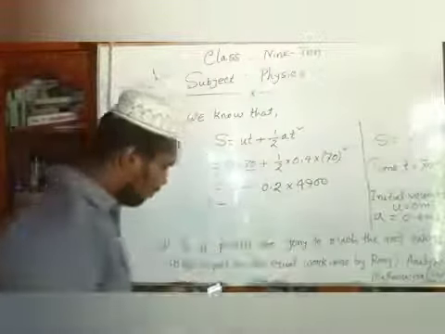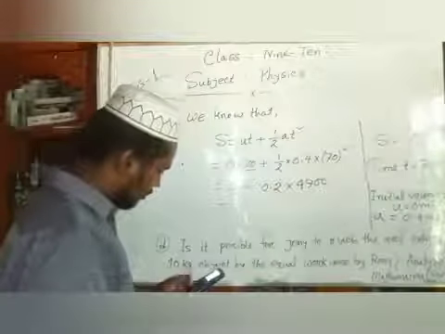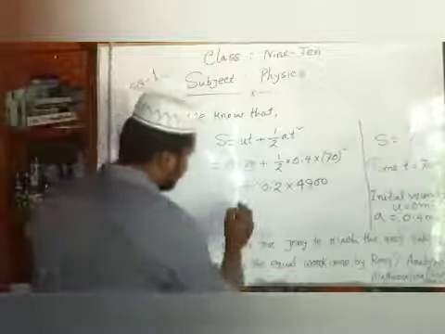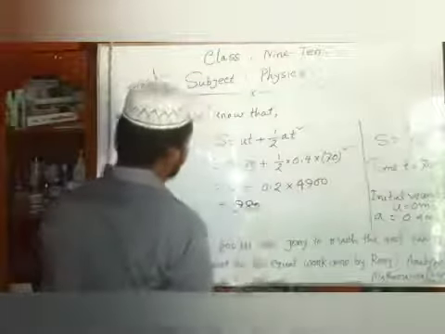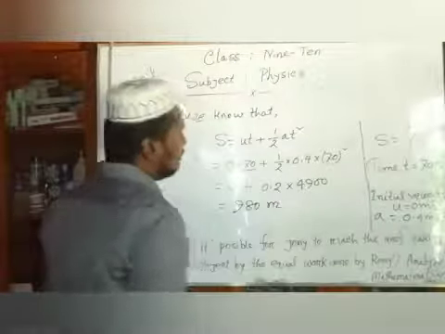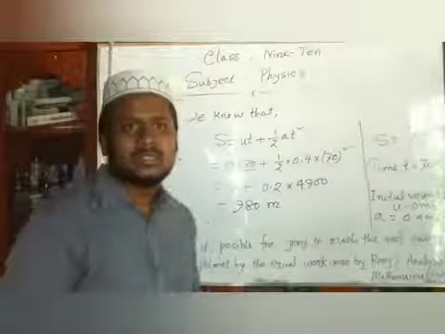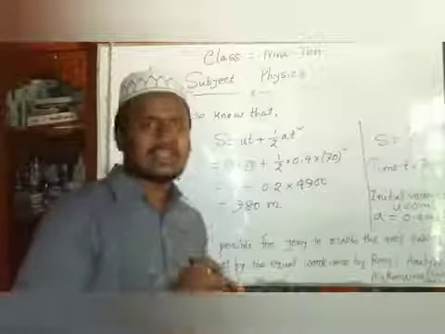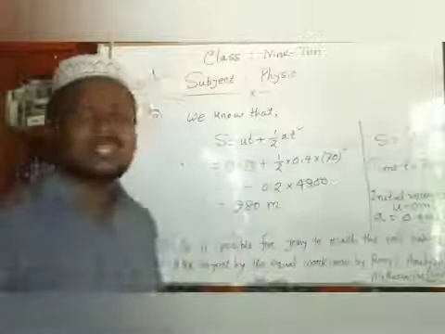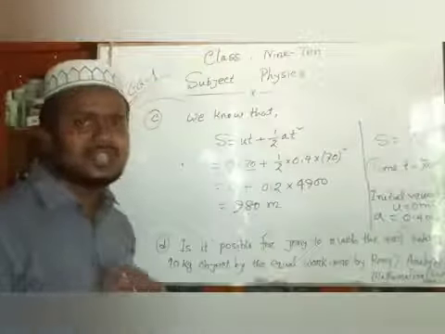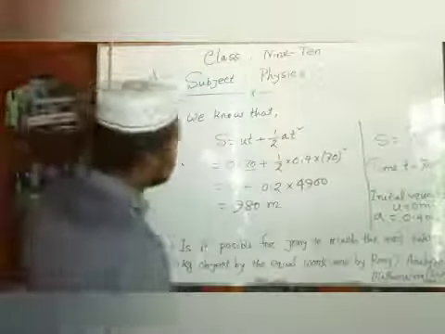So what is the value? We see that the value is 980 meter. So the distance from the school to the starting point is 980 meter, and this is the answer.